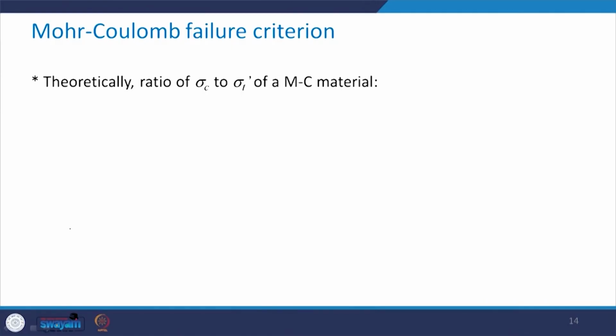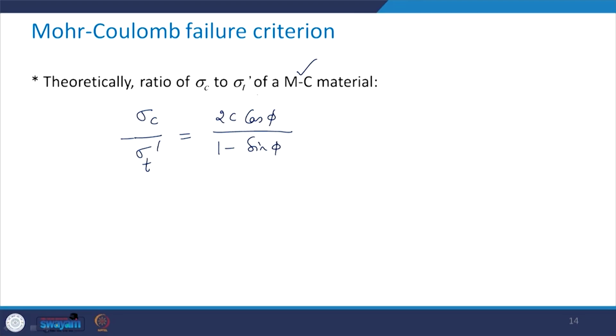Now theoretically the ratio of sigma c to sigma t prime of a Mohr-Coulomb material is going to be given by this expression. You see that sigma c upon sigma t prime is going to be equal to, we derived it earlier as, 2c cos phi divided by 1 minus sin phi.